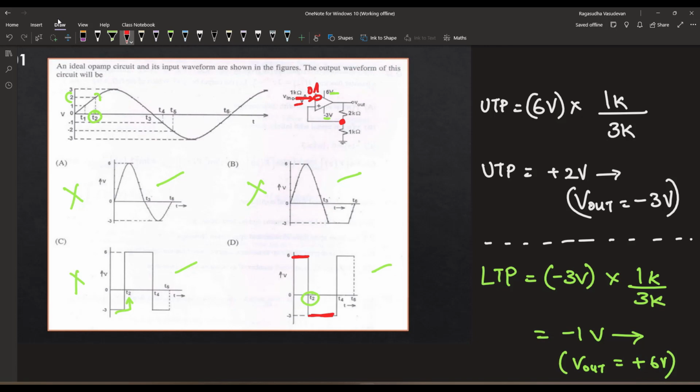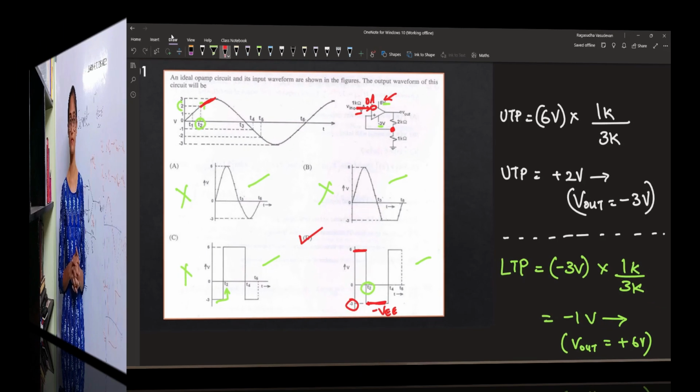Till it reaches 2 volt, the inverting supply will be lesser, so the output will follow plus VCC, which is 6 volt. When this negative voltage becomes more than the positive voltage, the output will go to minus VEE, or minus 3 volt in this case. So option D is the correct answer.